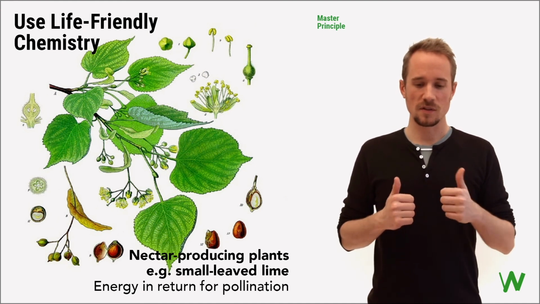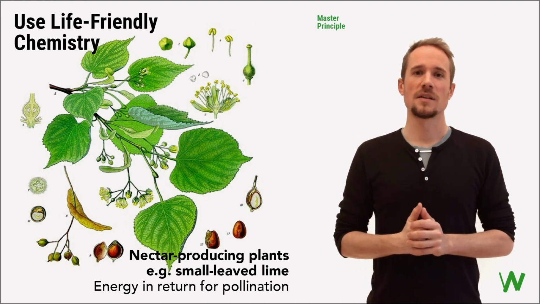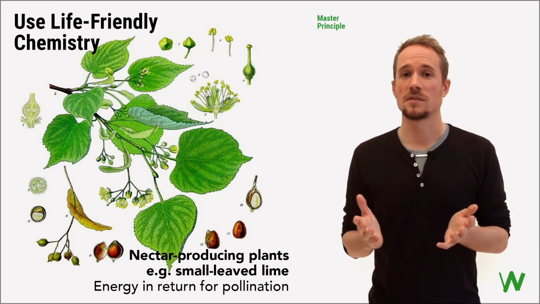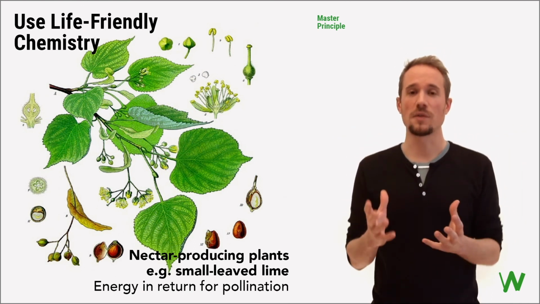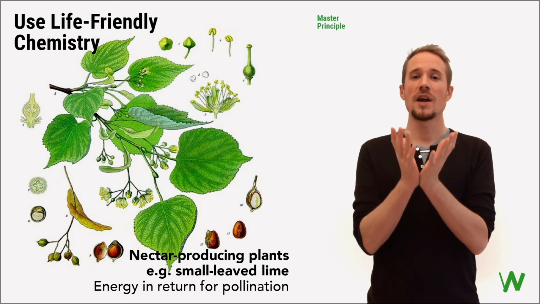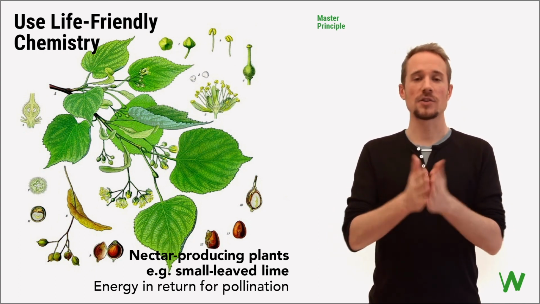This is a very simple gift that the plants give the insects. Sugar. Sugar that they create in photosynthesis. And this simple sugar as nectar is offered to insects as a trade-off.